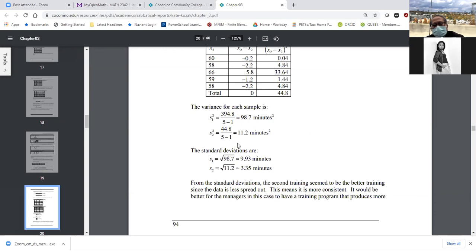You can see it from the standard deviation. Okay. So the smaller the standard deviation, the more consistent it is. Okay.